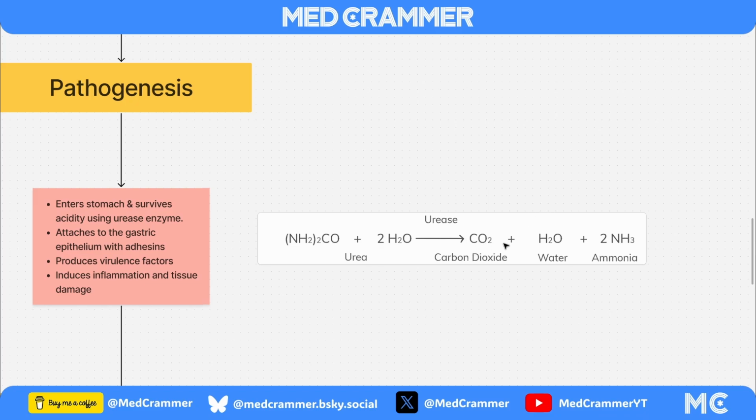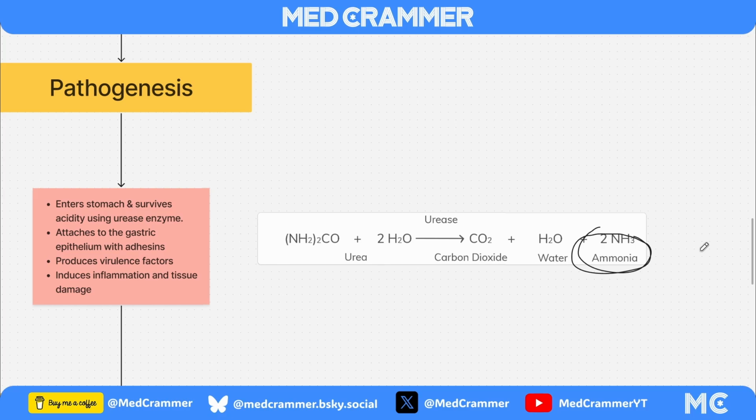Now, carbon dioxide and water are just waste products, but the main focus here is this ammonia. Now, ammonia, if you studied chemistry, is alkaline, which means when an alkaline, or also known as a base, reacts with an acid, it neutralizes the acid.